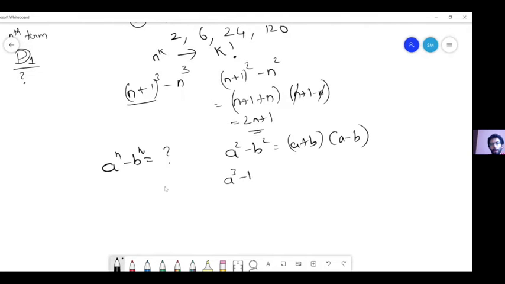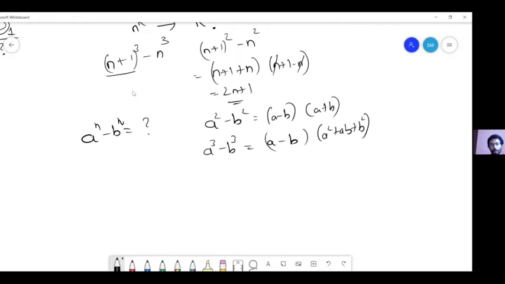A cube minus b cube would be (a minus b) into (a squared plus ab plus b squared).